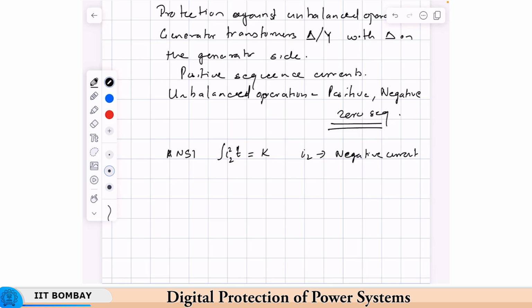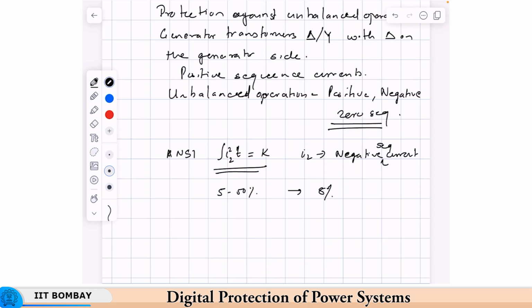So, negative sequence relays are provided, and the setting is usually of the order of 5 to 50%, but keeping this in mind, they are usually set to around 8%. So, it can tolerate a negative sequence component of about 8% of the total current. So, this is how the negative sequence current setting is made for the generator.